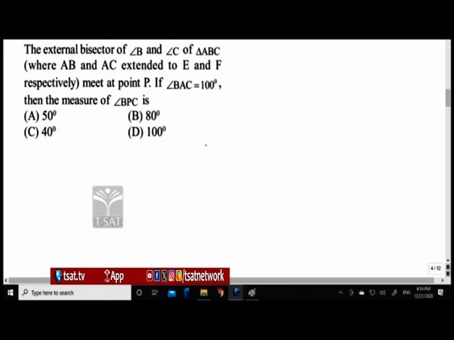We know when two external angular bisectors meet, angle BPC is equal to 90 minus angle A by 2. So here it is 90 minus 100 by 2, which is 50, and 90 minus 50 is equal to 40. So this question is also based on external bisectors.